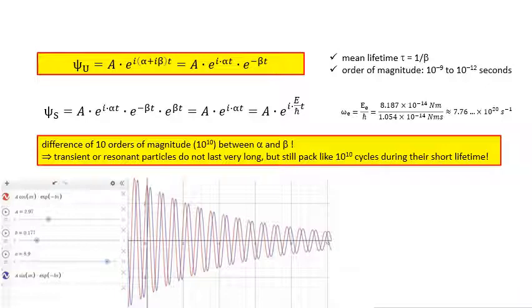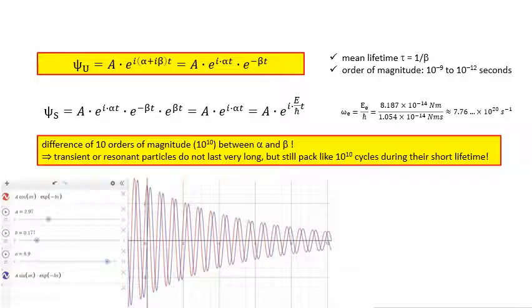Both the coefficient, the amplitude A, and that alpha parameter will be related to the initial energy, because when the particle decays, the oscillation gets less, the amplitudes get less, and that's what that other factor is there for: the real exponential, Euler's number, with the exponent minus beta t, and that's an exponential decay function.